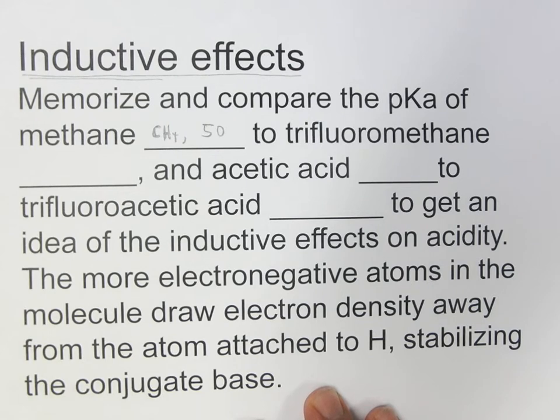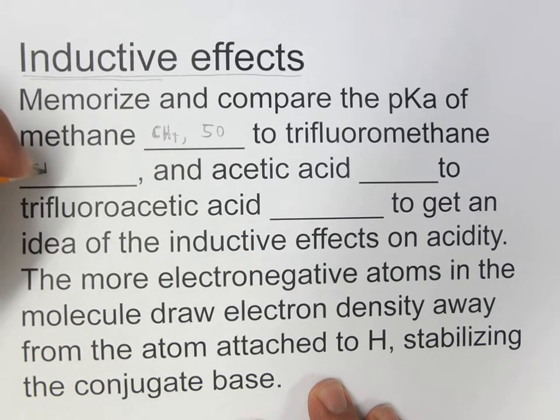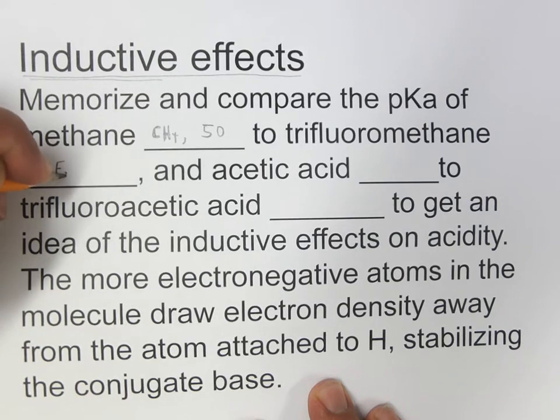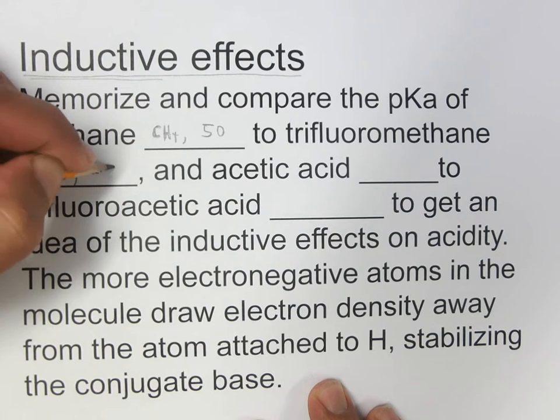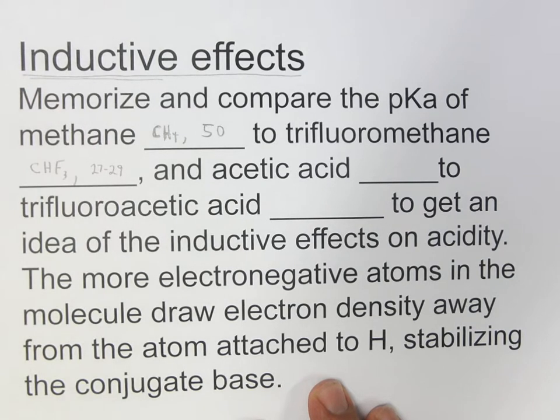Methane is a very simple structure, simple bonding, and has a pKa of 50. Trifluoromethane has a pKa estimated to be between 27 and 29 depending on who you talk to.